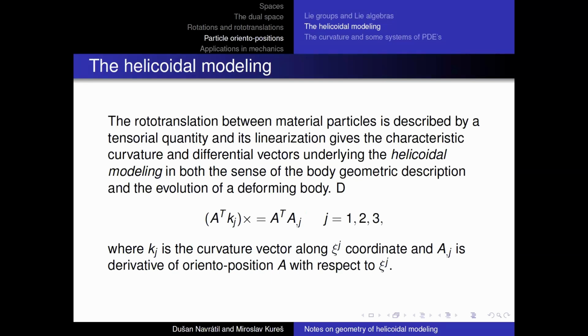It is defined this way. This curvature tensor consists of 3 curvature vectors kj, where j refers to one of 3 material coordinates, and the vector with index j refers to just the derivative of oriented position with respect to this material coordinate.